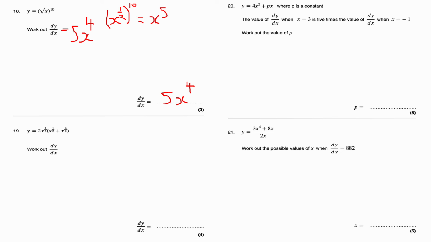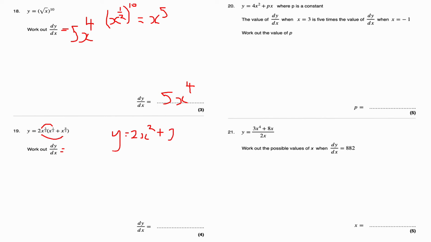Question number 19. I've got y is equal to this function, which looks a bit trickier. Find dy by dx. Well, if I expand the bracket first and then differentiate, x to the 3/2 times x to the half just becomes x to the 4/2, which is going to be 2. So it's going to be 2x squared there. And then plus 2x to the 3/2 times x to the 9/2.